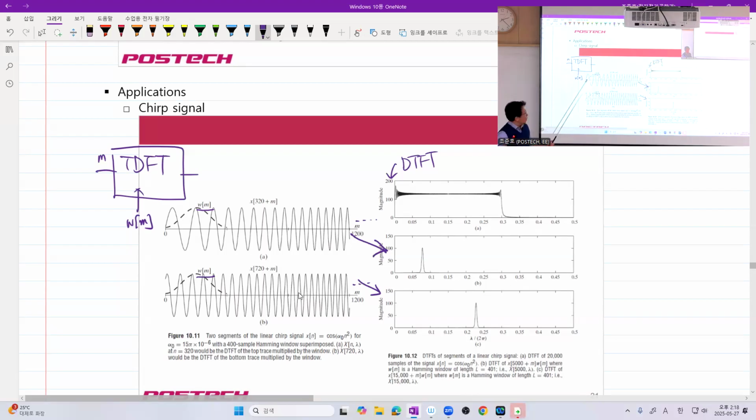But apparently, we have increasing instantaneous frequency. That information is totally lost in the magnitude of the DTFT. Of course, combining the information from the magnitude and phase of the DTFT, we can recover the original signal if we have properly time truncated.